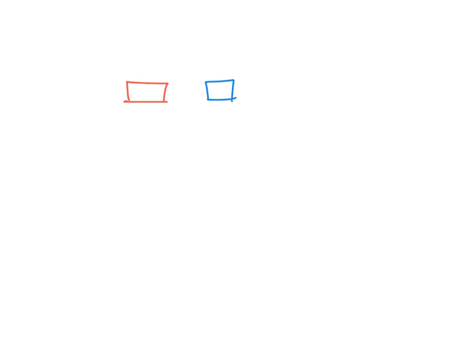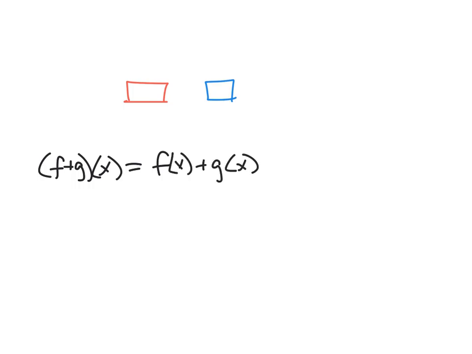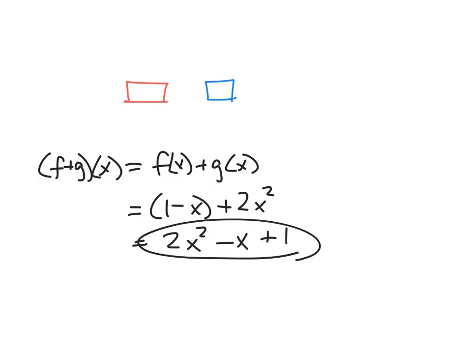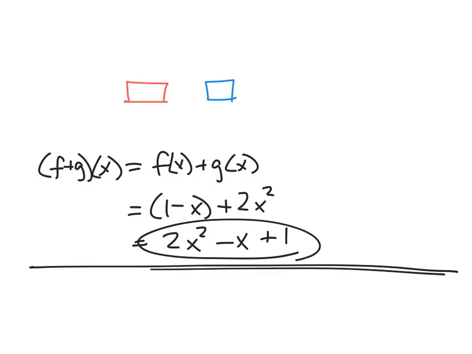And so if we are going to add them, that means f plus g of x is the same thing as f of x plus g of x. And so that gives us 1 minus x plus 2x squared. There are no like terms, so technically we are done, although traditionally we try and put our equation in descending terms, but there you go.